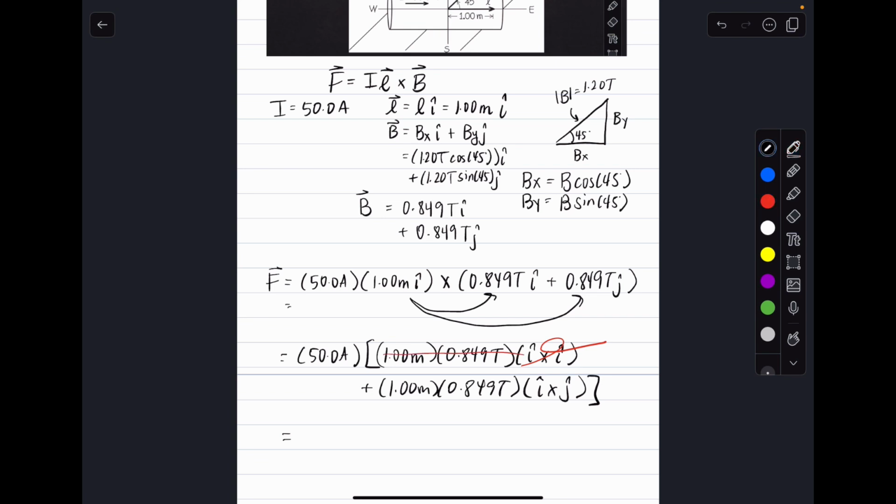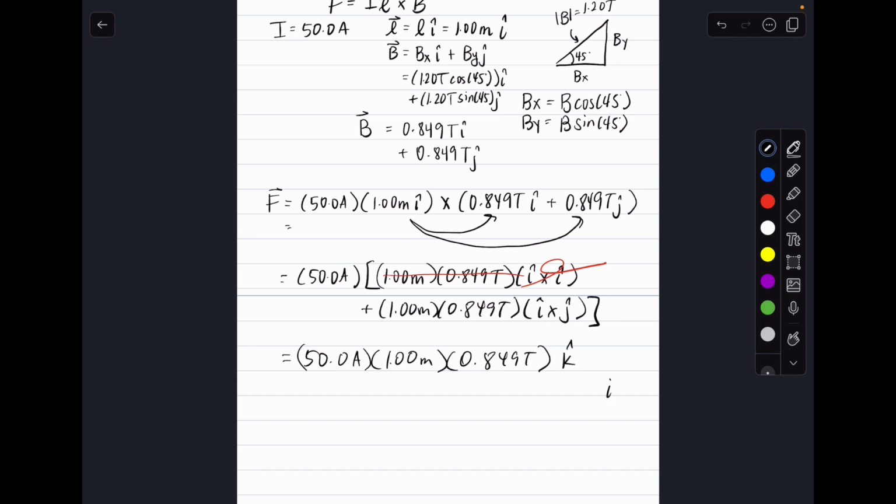All we're left with is 50 amps times 1 meter times 0.849 Tesla in the I cross J direction, which happens to be K hat. How do I know that? Here's the trick. If you're going clockwise, crossing, your result will be positive. So I cross J will give me K.